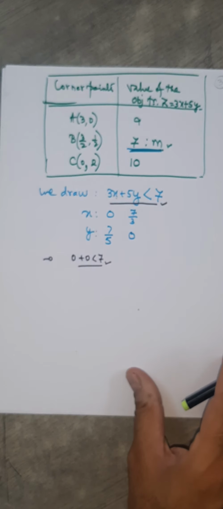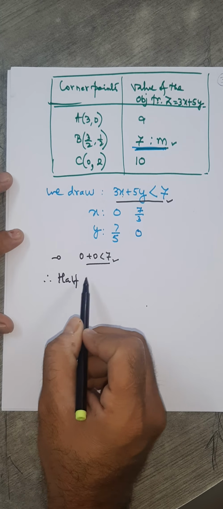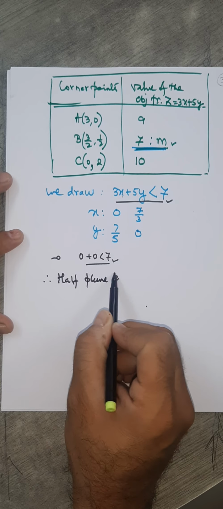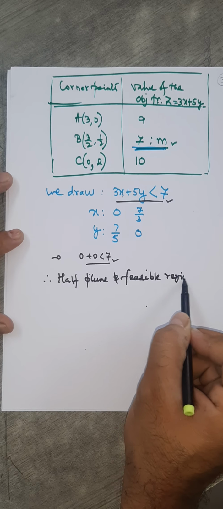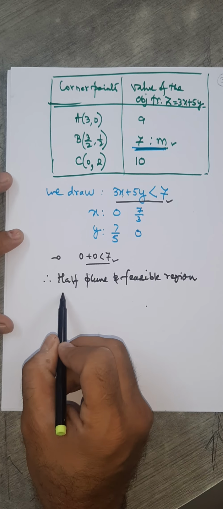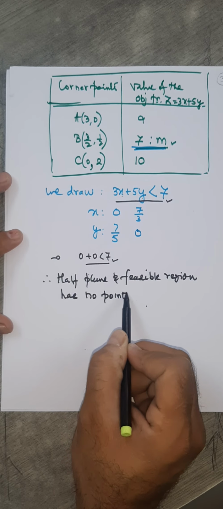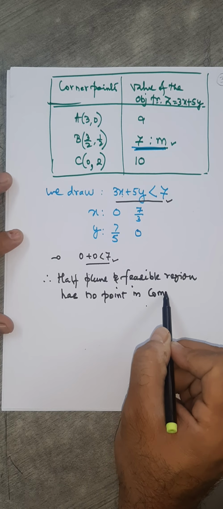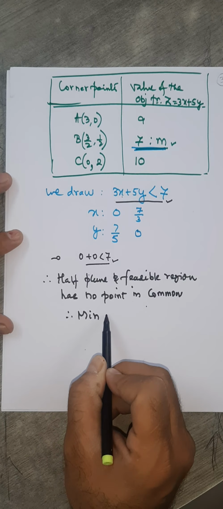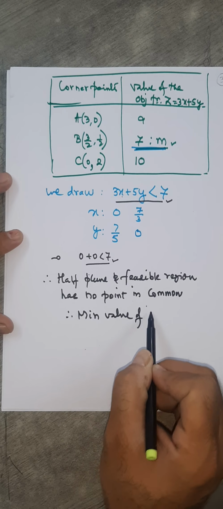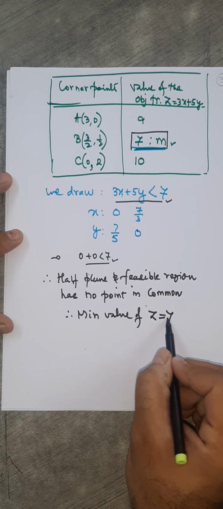So I'll write now: therefore the half plane and the feasible region have no point in common, and therefore as per that theory, the minimum value of z equals the minimum which you had stated earlier, which is 7.